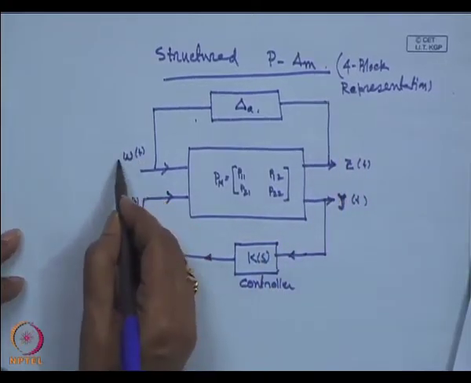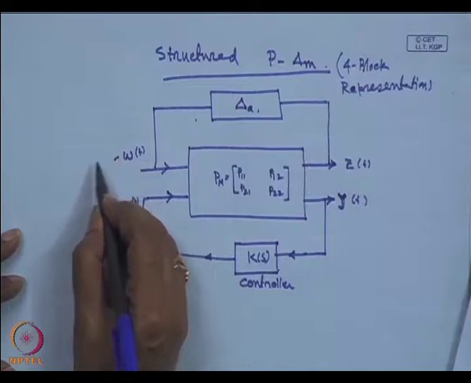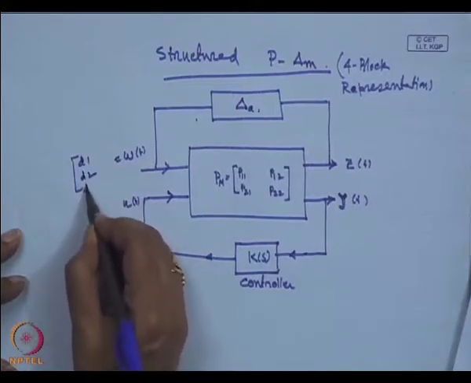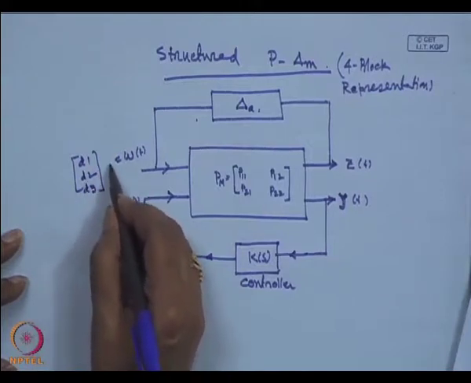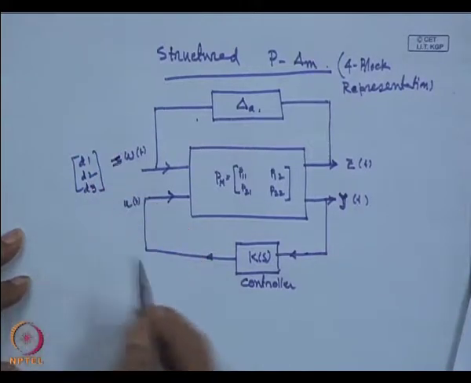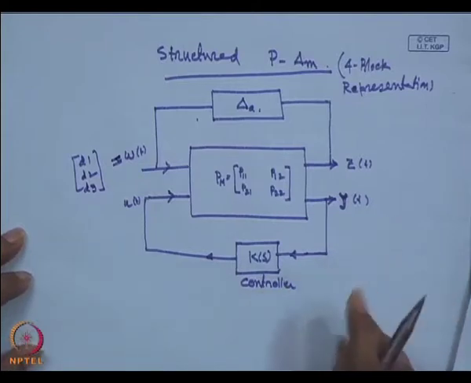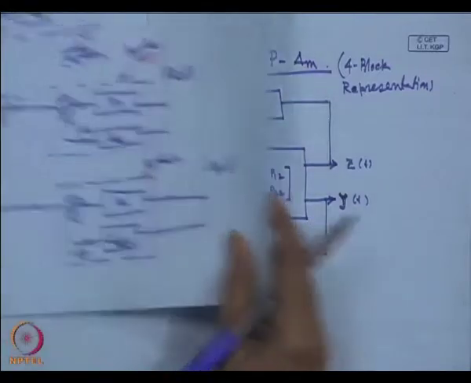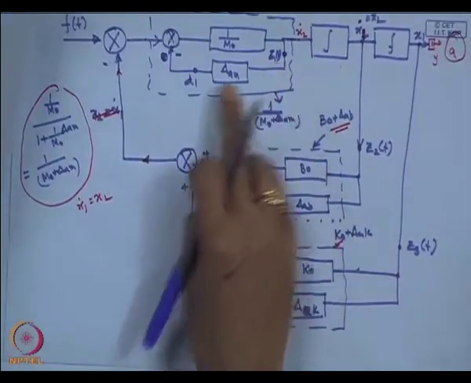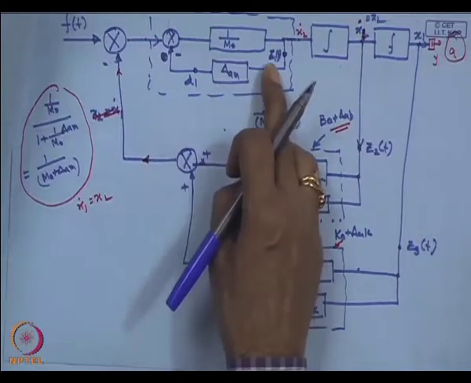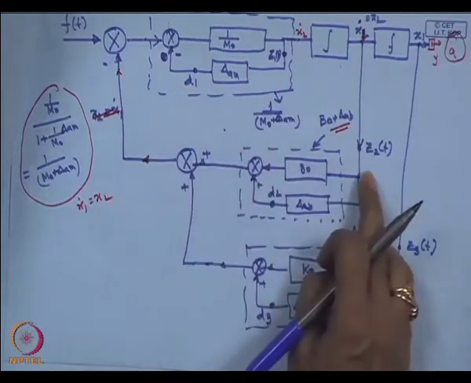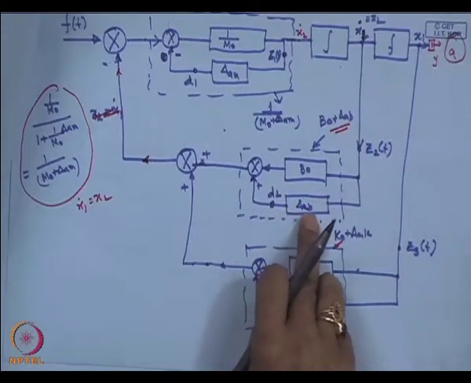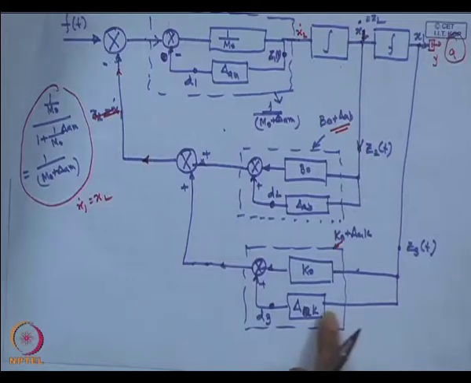What is W? In our example, D1, D2, D3 is equal to our W. How are they related? If you see this expression, D1 is Z1 into delta A m, D2 is Z2 into delta A b, D3 is Z3 into delta A k.